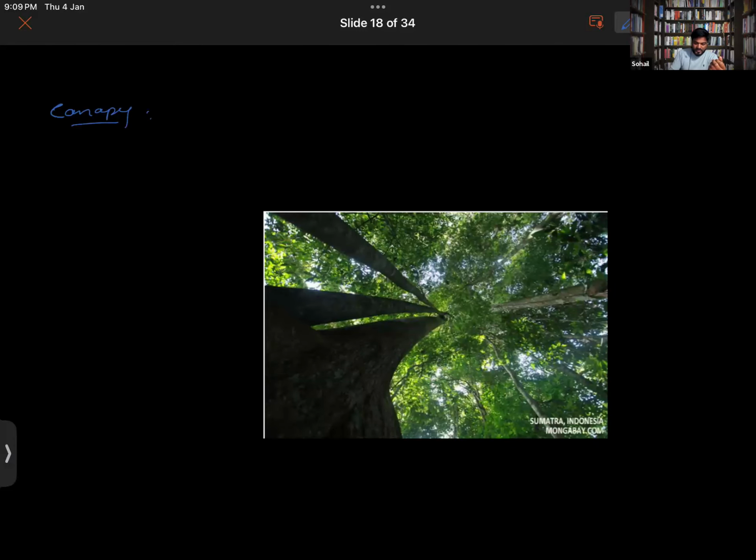So let me write this thing down, that in the dense forest, the trees that grow tall, their branches form, or typically we are talking about the crown, the top branches.